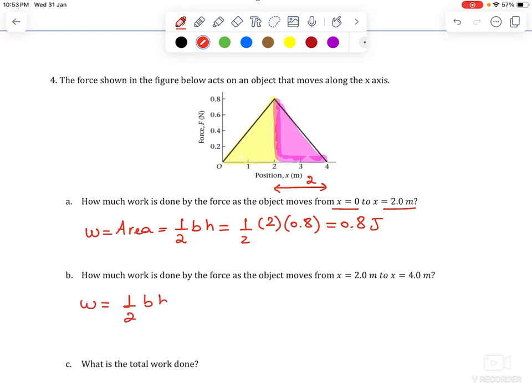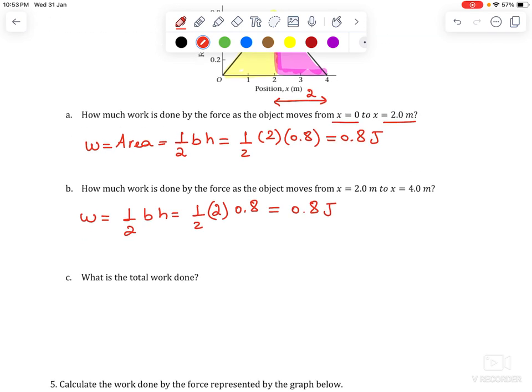Half the base is 2, and the height is 0.8, so 0.8 joules. The total work is actually the sum. The work total is the first work and the second work, which is 0.8 and 0.8, so 1.6 joules.